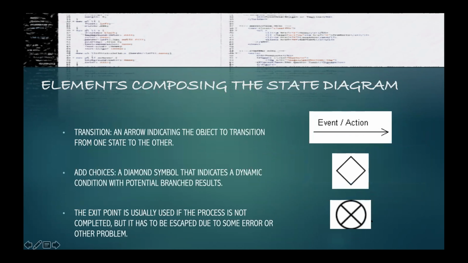The other element is the transition. An arrow indicates the object transitions from one state to another. The actual trigger event and action causing the transition are written beside the arrow, separated by a slash.